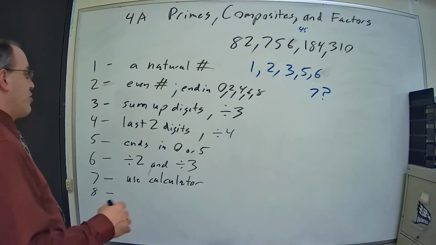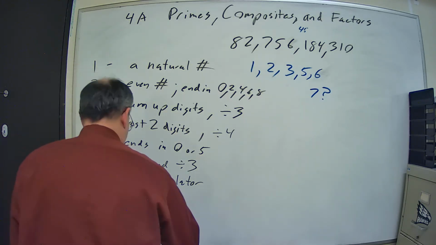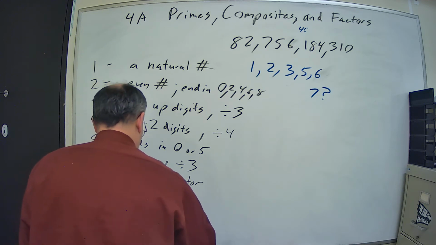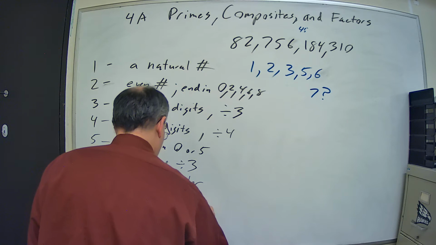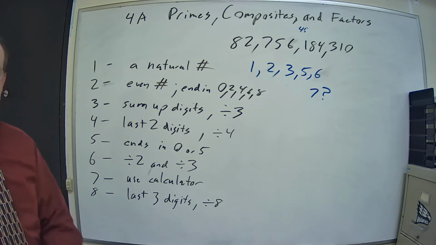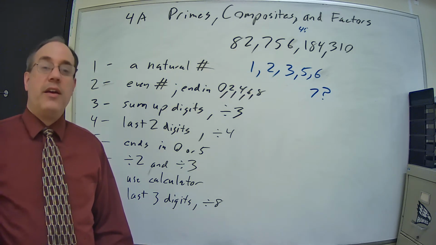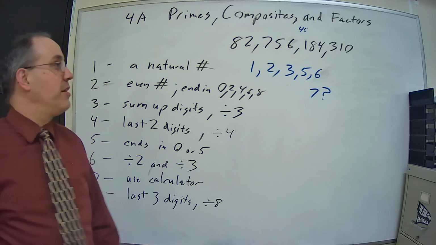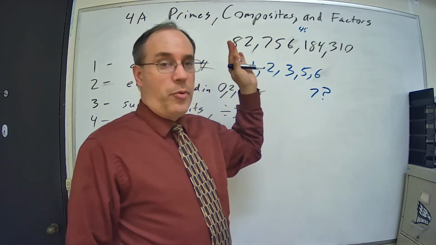If the last 3 digits create a number that's divisible by 8, then the number itself is divisible by 8. And that's because 8 times 125 is 1,000. So once we get to thousands place and over, that's all divisible by 8.